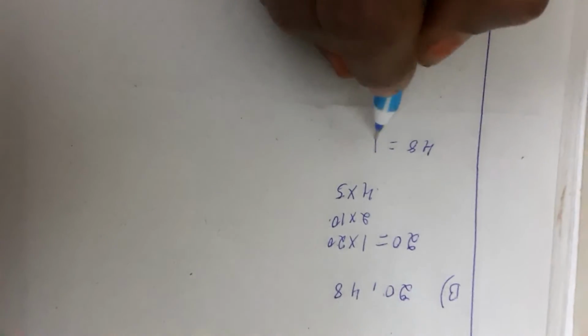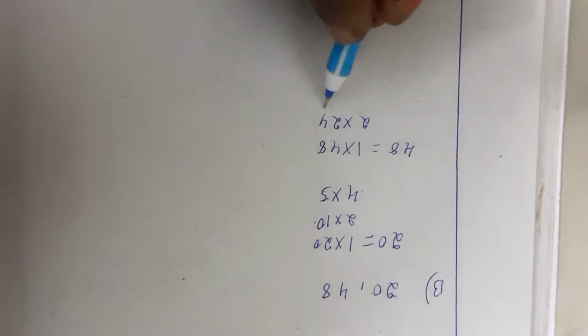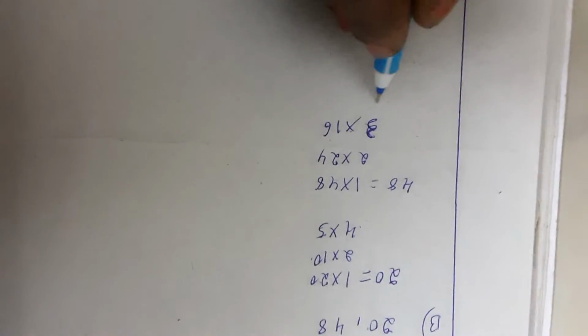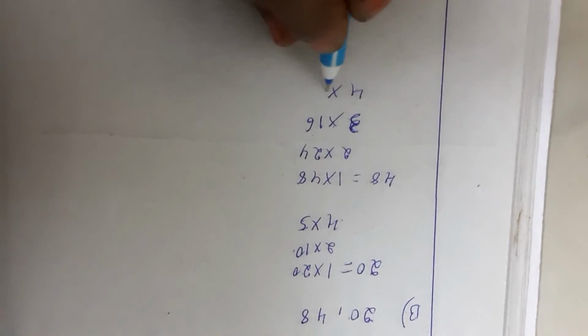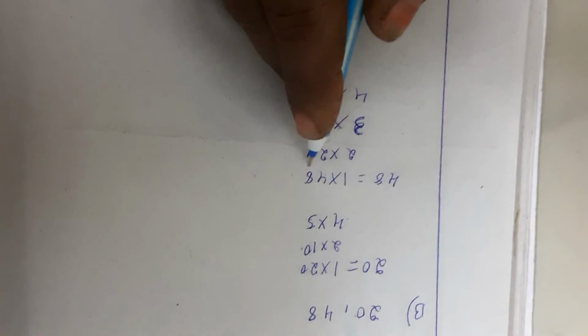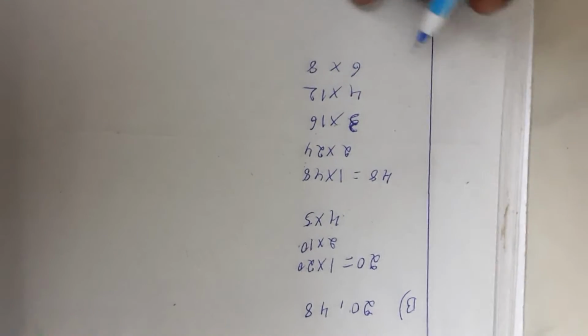48 we can write as a product of two numbers, like 1 into 48, 2 into 24, 3 into 16, 4 into 12, and 5 is not divisible into 48. So 6 into 8 is 48.